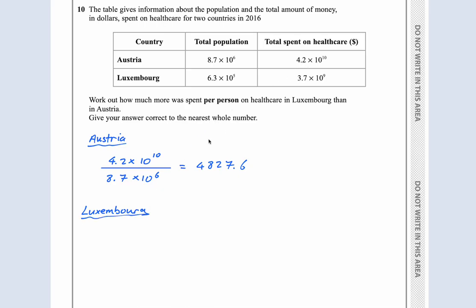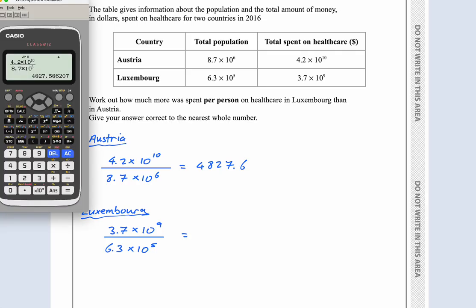Luxembourg. Okay, Luxembourg, they spend 3.7 billion. 3.7 times 10 to the power of 9. Now they have a very small population, guys. If you know Luxembourg, it's a tiny country. So we divide by 6.3. This isn't even a million people. So 6.3 times 10 to the power of 5.